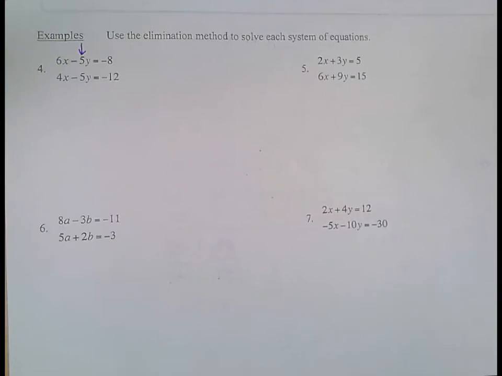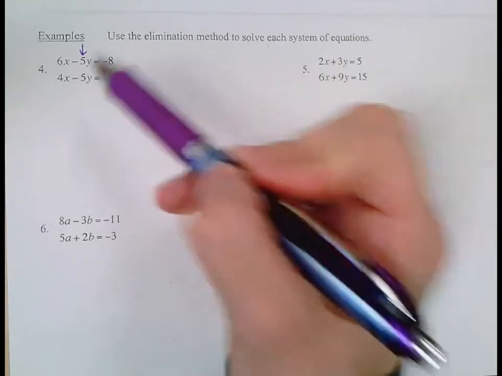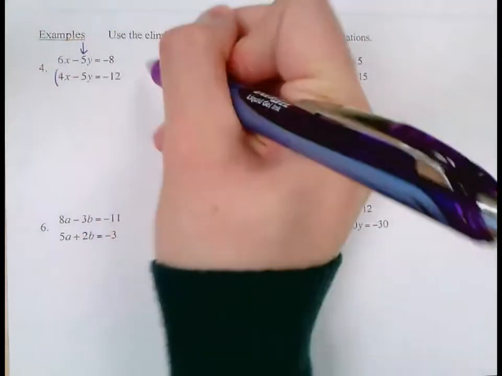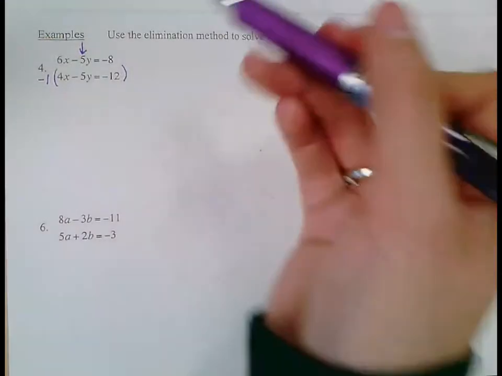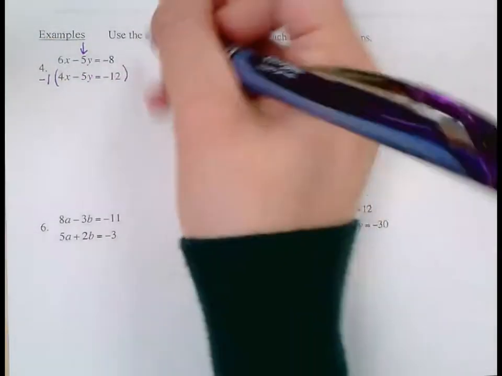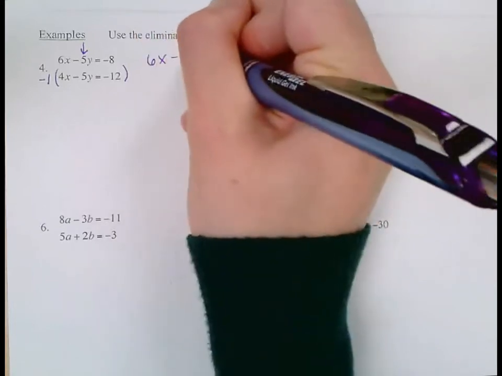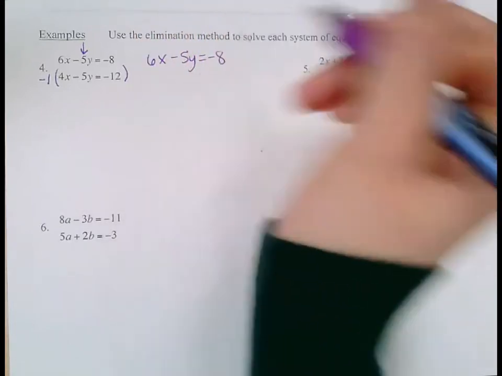So what would I multiply a negative 5y by to make a positive? By negative 1. And I could do that in this case to either equation. So let's just say the bottom equation I choose to multiply by negative 1. I'm going to leave the top equation the same, 6x minus 5y equals negative 8.